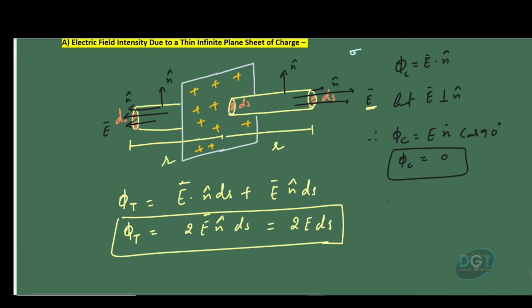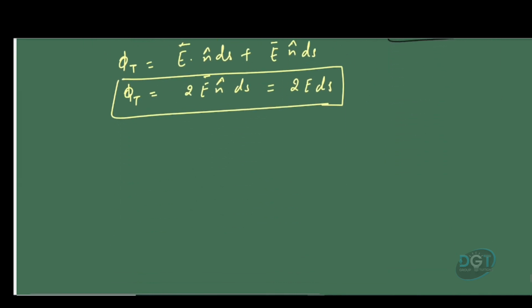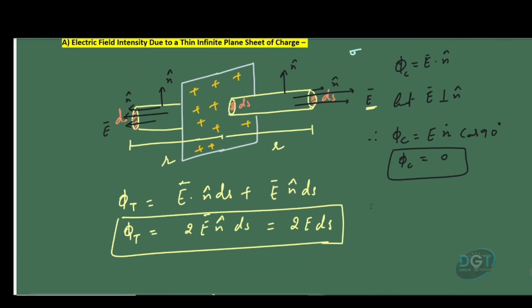Now according to Gauss theorem, we get the total flux is total charge divided by epsilon naught. Now the total charge enclosed by this closed surface is like the surface charge density sigma into this much area, which is ds.